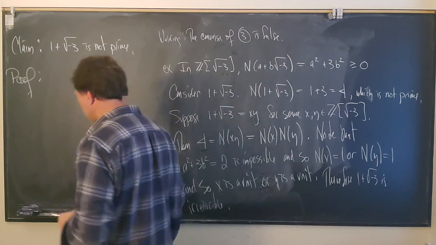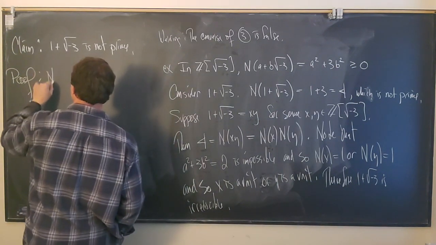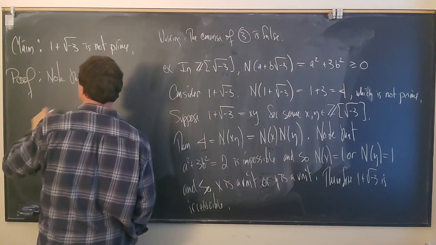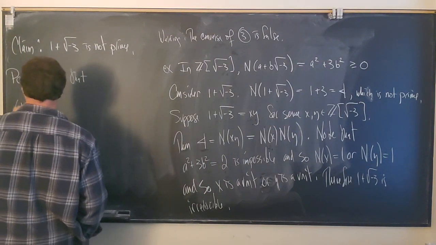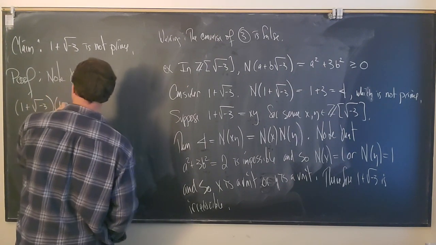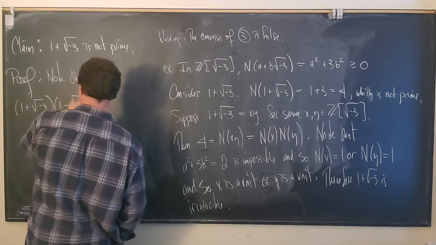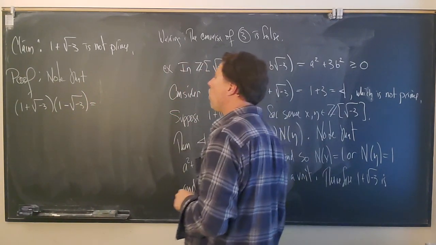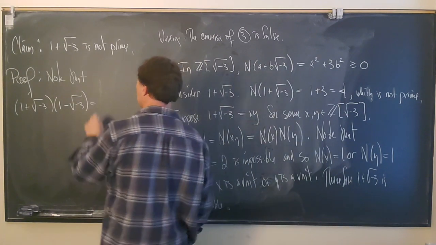Well, okay, so let's say it like this. So note that 1 plus square root minus 3 times 1 minus square root minus 3, what's that going to be equal to? Well, that's going to be equal to 1 plus 3, so that's equal to 4.